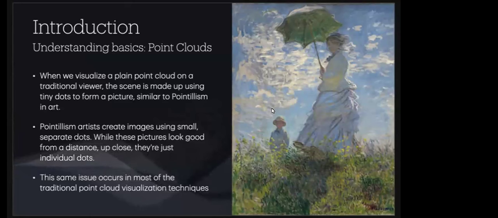This is very similar to pointillism in art, where they create an image using very small, separated dots. Whenever you look at that image from a distance, you will see that it looks very good, but if you go up close, you will definitely see the individual dots that you have created. This is the same issue that occurs in most traditional point cloud visualization techniques as well.